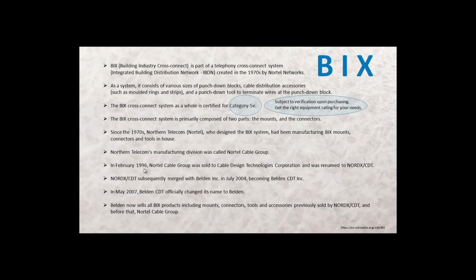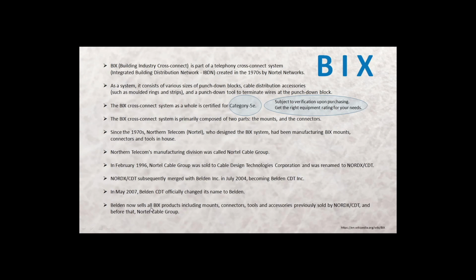In February 1996, Northern Cable Group was sold to Cable Design Technologies, CDT Corporation, and was renamed to Nordex CDT, Cable Design Technologies. Nordex CDT subsequently merged with Belden Incorporated in July 2004, becoming Belden CDT Incorporated. In May 2007, Belden CDT officially changed its name to Belden.